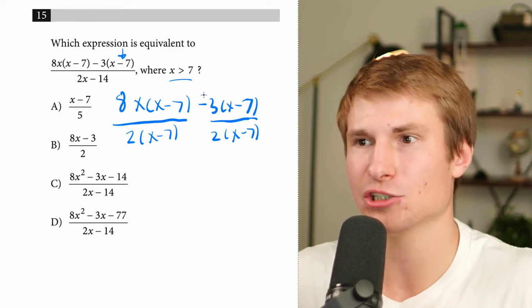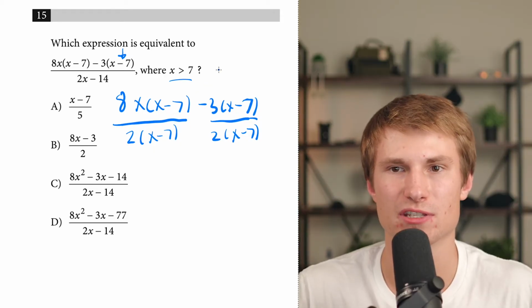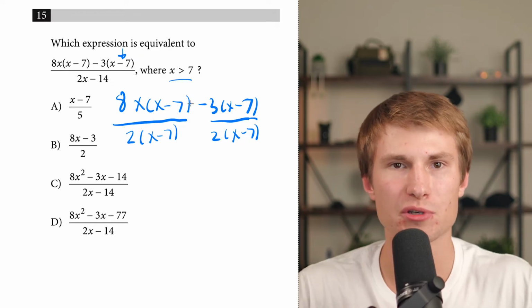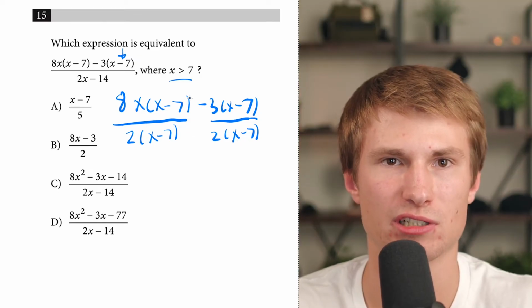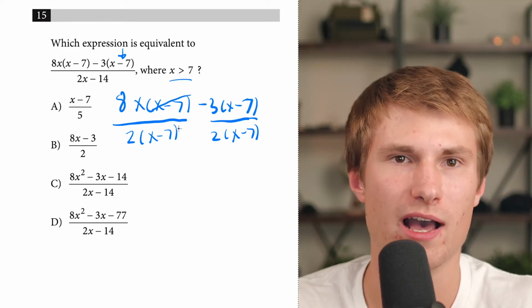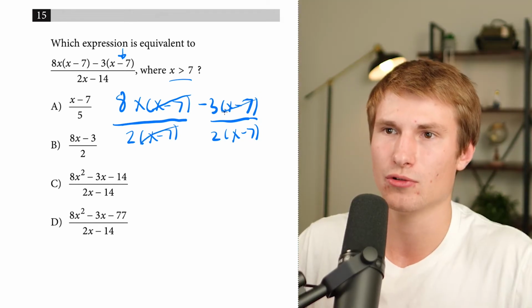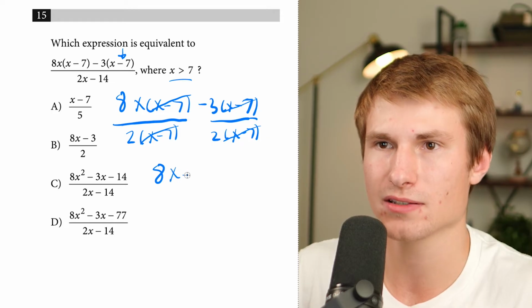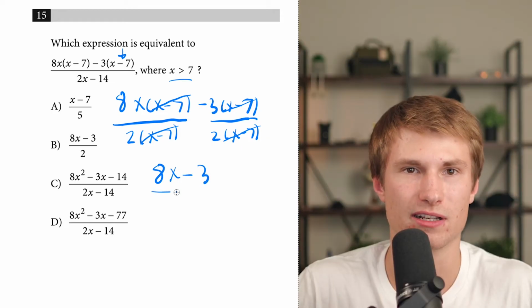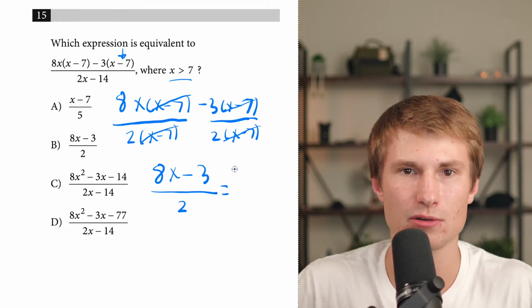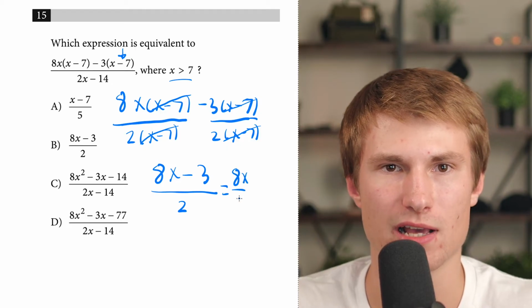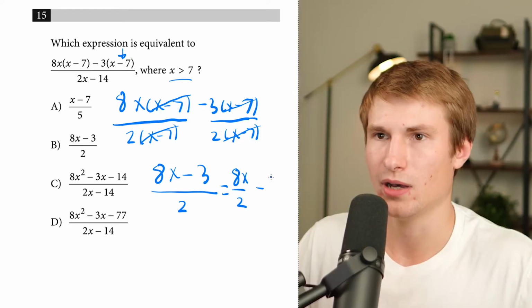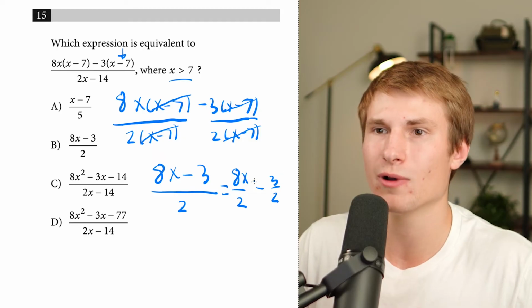And since it's an addition, in this case subtraction, but if it's addition or subtraction, you can split it up like this. So as you can see, it's much easier to look at. So from here, we can go ahead and cancel out our x minus 7s in both of these. And now it's really easy to go ahead and write that we have 8x minus 3 all over 2. And keep in mind that that is equal to what we have up top, which is 8x over 2 minus 3 over 2. Okay, these are equivalent ways of writing this.